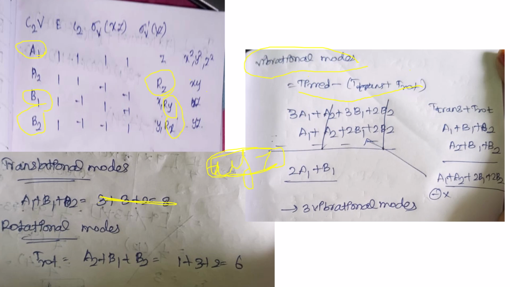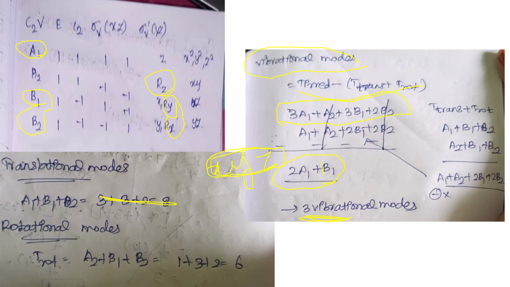From this we subtract the irreducible representation we obtained before. So we cancel A2 and B2, and we obtain 2A1 plus B1. What do we get? 3 vibrational modes, and we also get the expression.